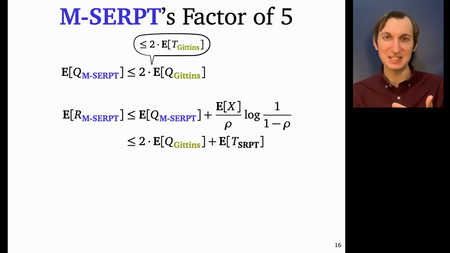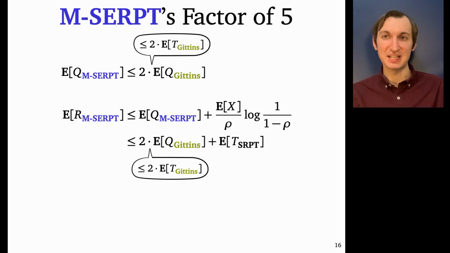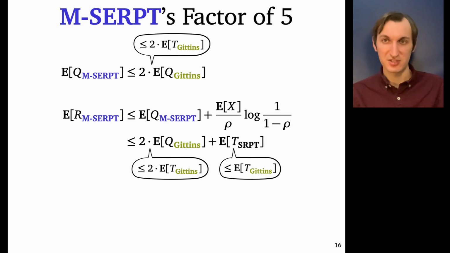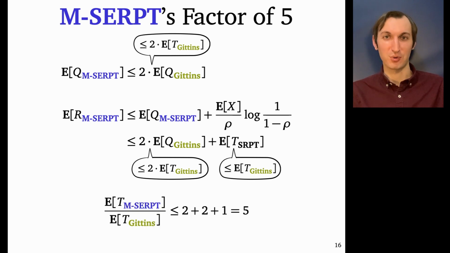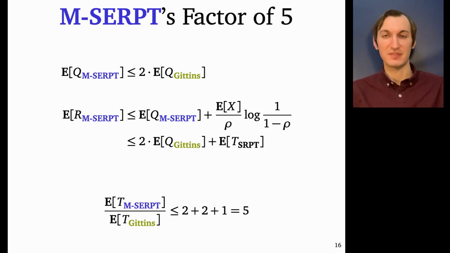So we've got 2 ET Gittins over here, 2 ET Gittins over there, and then SRPT has optimal mean response time among all policies, so there's another ET Gittins over here. And so we've got 1, 2, 3, 4, 5 total ET Gittinses. So the mean response time ratio between M-SERPT and Gittins is at most 5. So that's where the factor of 5 comes from.